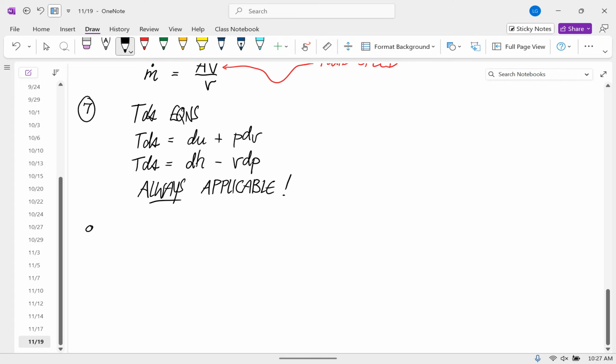Number 8. This is a pressure thing. But it doesn't hold for a lot of our stuff. It only holds for a fluid that's at rest and continuous, in contact. All of it's in contact with each other.